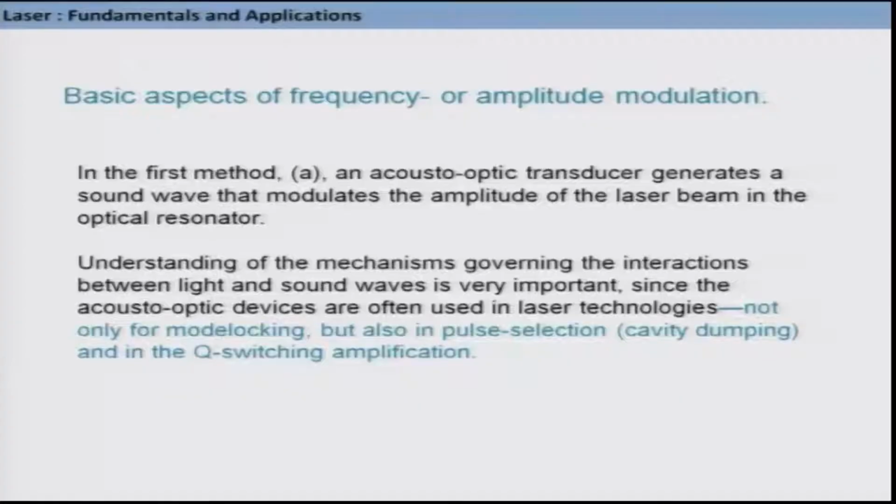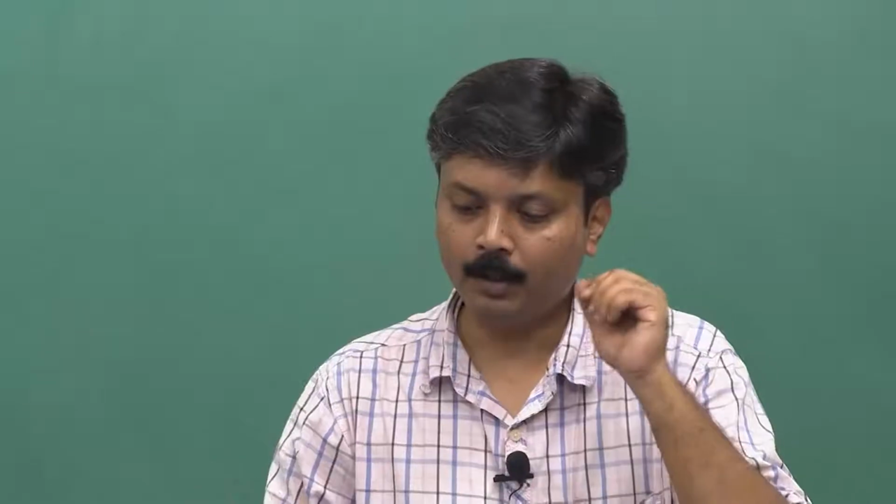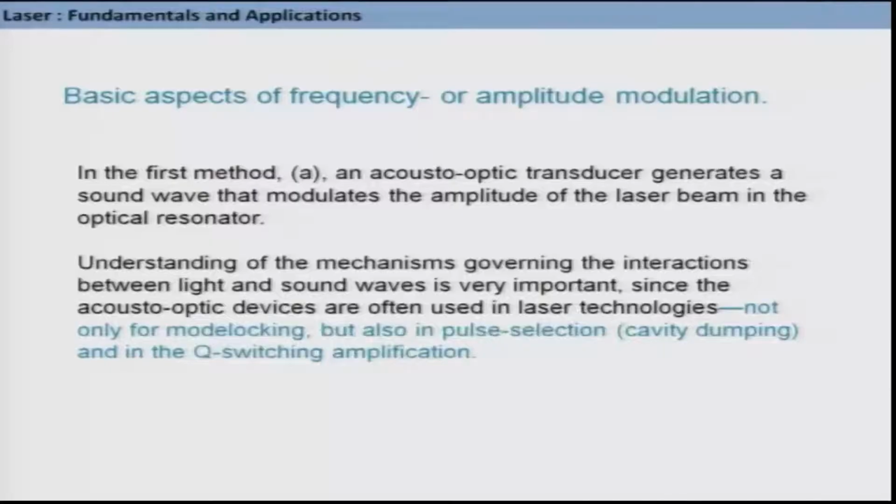So, a very quick recap. We started with the fact that active mode locking can be done using several things, and one of them is acoustic devices. What we said in the previous class is that acoustic transducers can generate sound waves that can modulate the amplitude of the laser beam in the optical resonator.